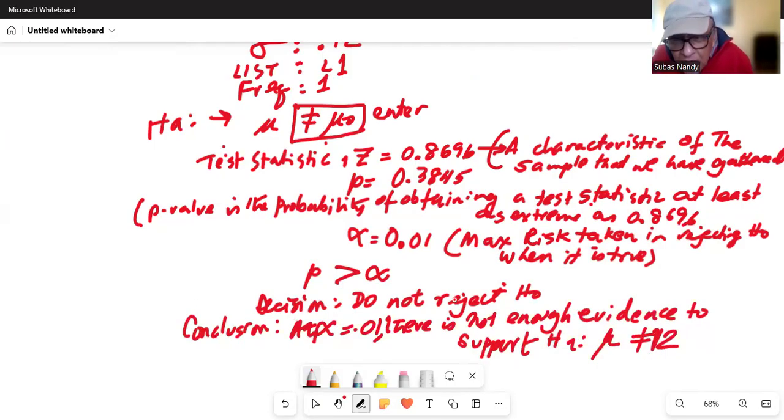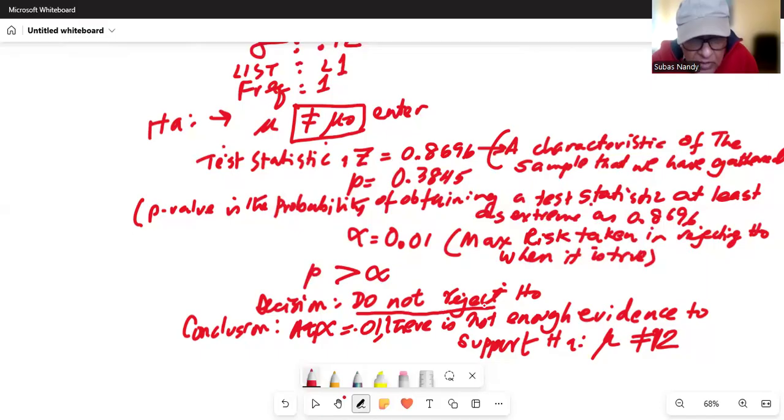So the important thing, we do not reject the null hypothesis. Do not reject H0. Okay. So that's the end of the story.